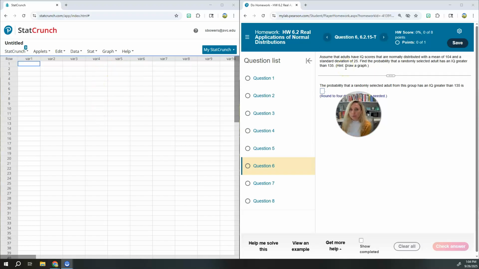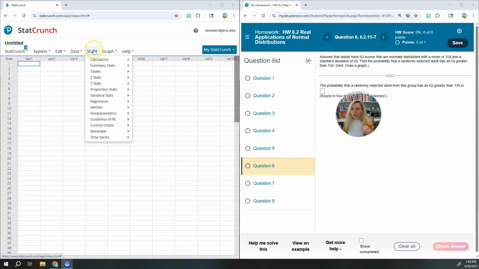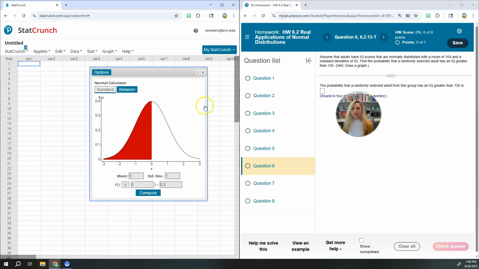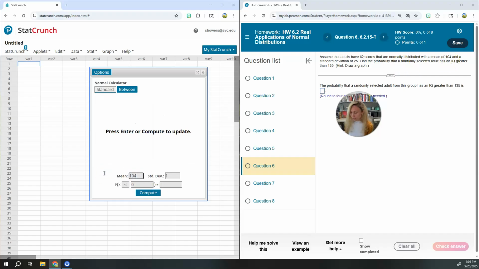Since it says normally distributed, we again use the normal calculator. Go to Stat, Calculators, Normal, and we are given the mean is 104, standard deviation is 25. The IQ greater than 135 means that 135 is our x score, and we need to find the probability greater than 135.